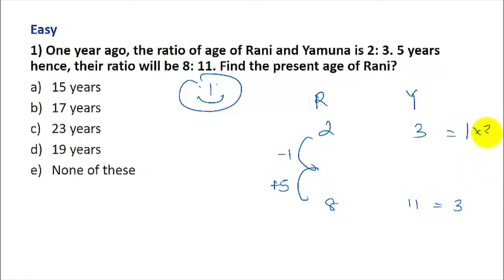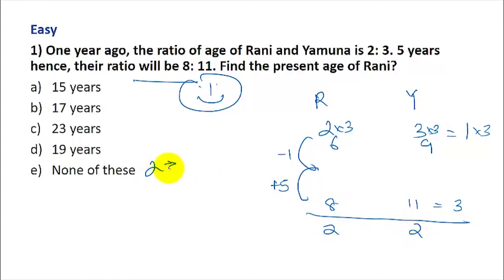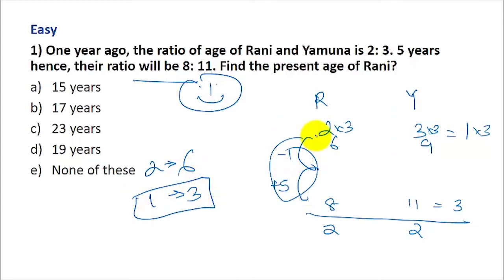Now you have to make the same, into 3, that is 6 and 9. Now their ratio would be 8:11. Let us find the difference, how much is it? 2. This 2 is equivalent to 6, so 1 is equivalent to 3. So Rani is into 3, that would be 18. Now 18 minus 1 would be 17. So B. You can see how easily we have done this problem.